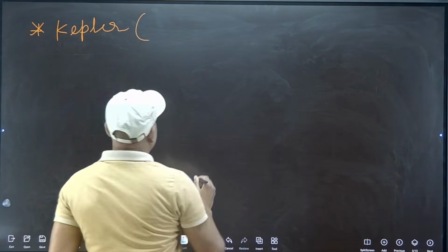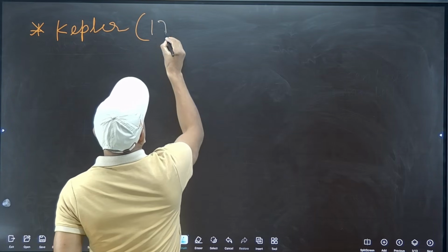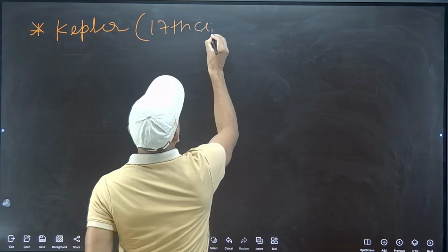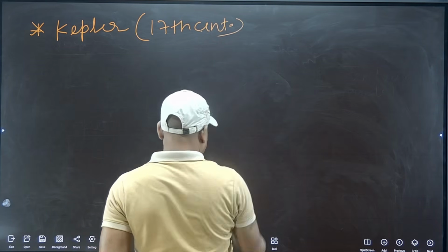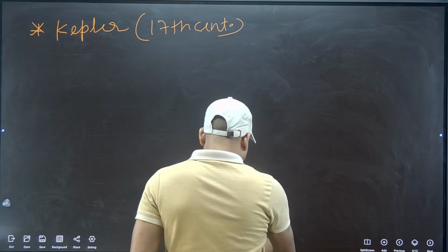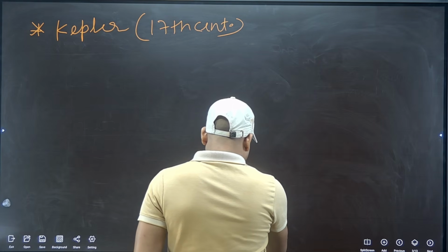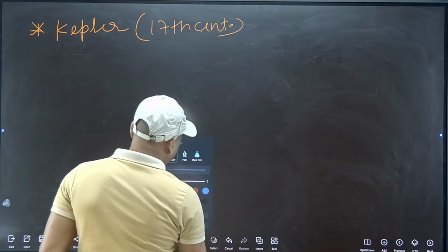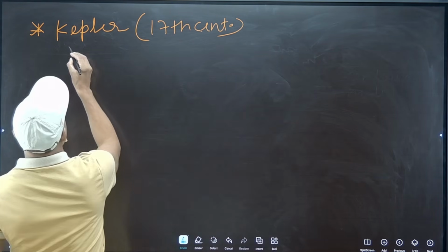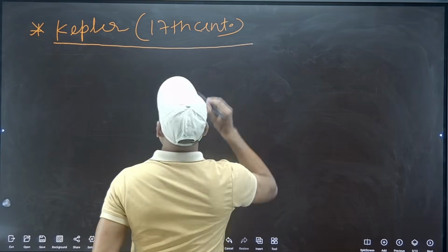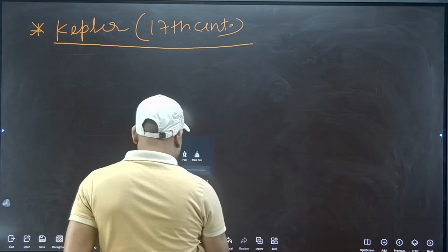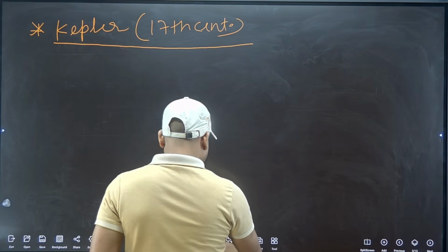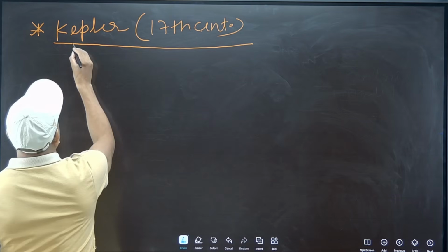Kepler also belonged to around the 17th century. So Kepler, the first important thing he did, he introduced the elliptical orbit.